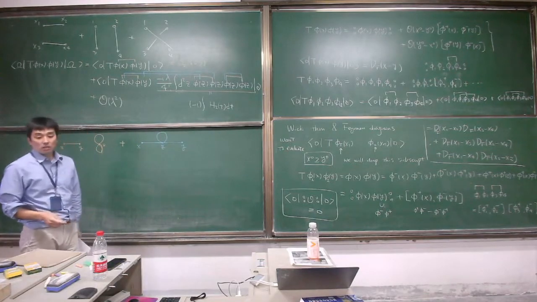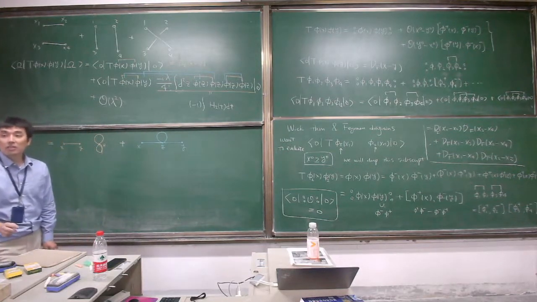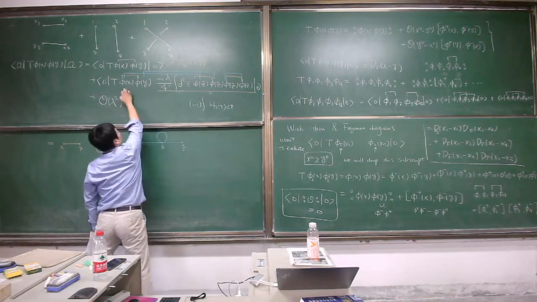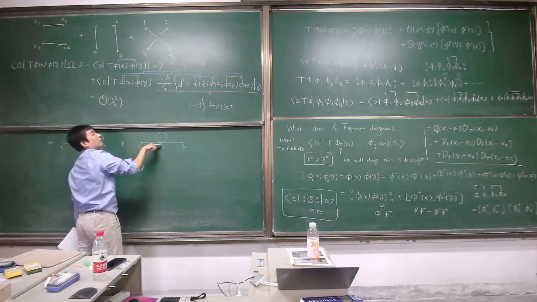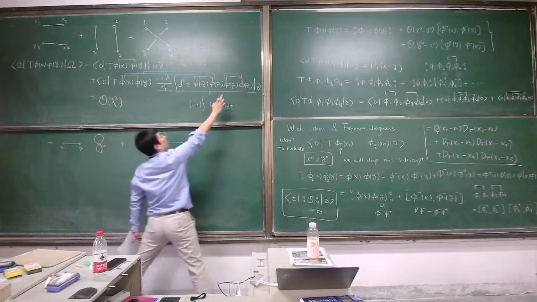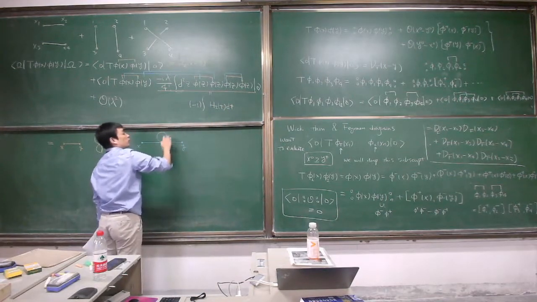Okay? Do you understand how to contract? Phi x to phi z, that will give you this line. Phi y to phi z, that will give you this line. And phi z to phi z, that will give you this loop. Okay?